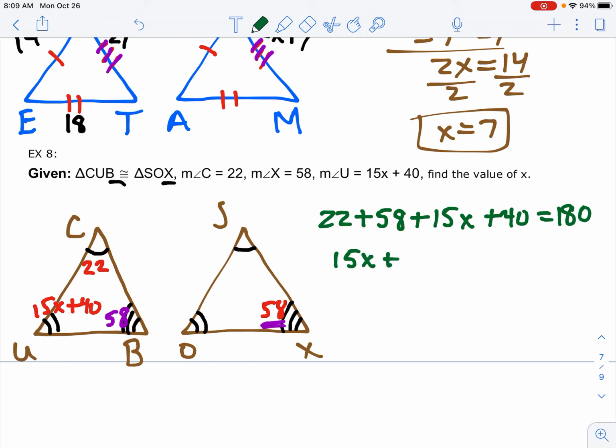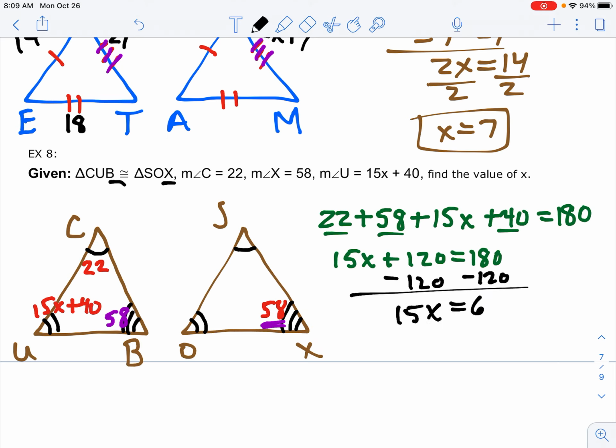I have 15x plus, if I add up 22, 58, and 40, I get 120. And we know that should add up to equal 180 inside a triangle. If I subtract 120 from both sides, I have 15x equals 60. If I divide by 15, I get x equals 4.